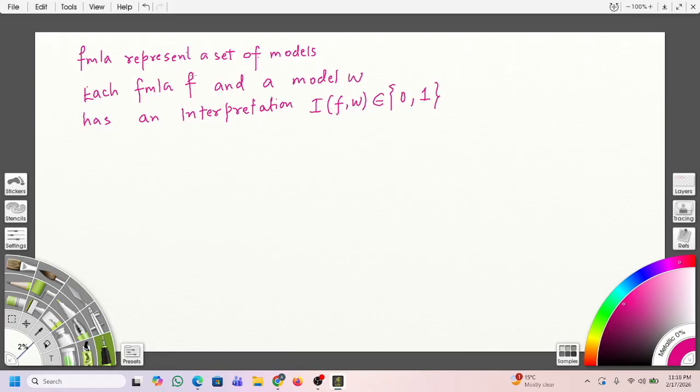So this we studied even in the concept of interpretation functions, right? Now let us define models. So what are models? Let us define the concept of model.